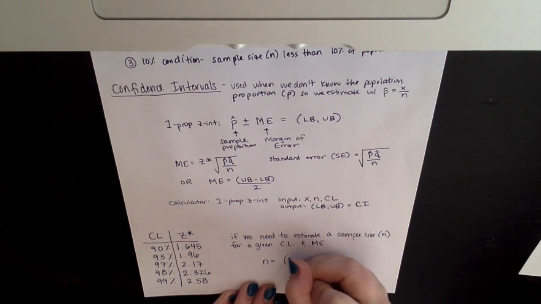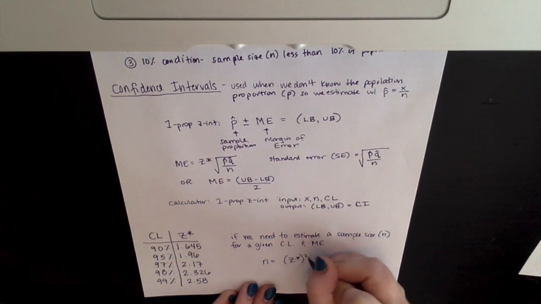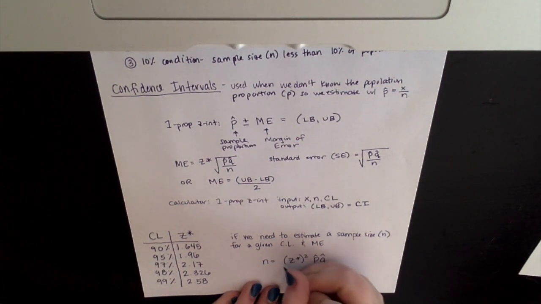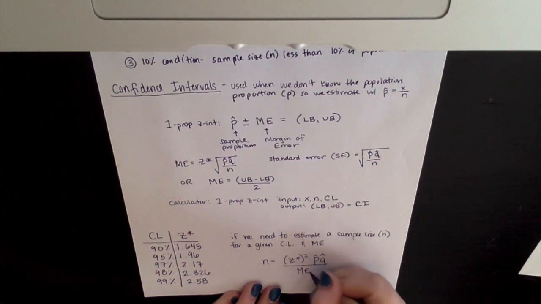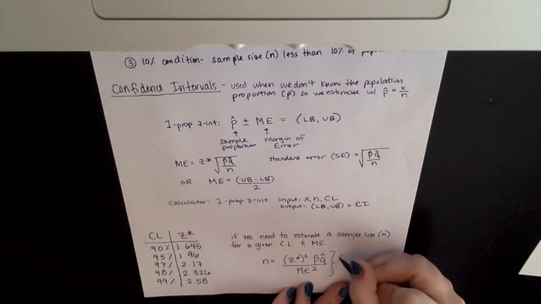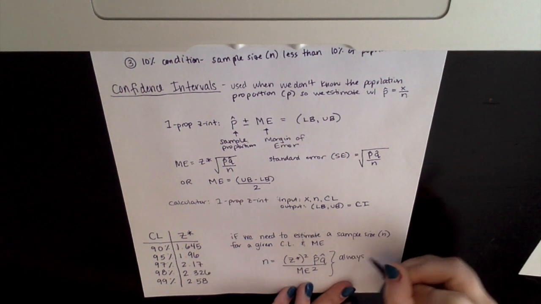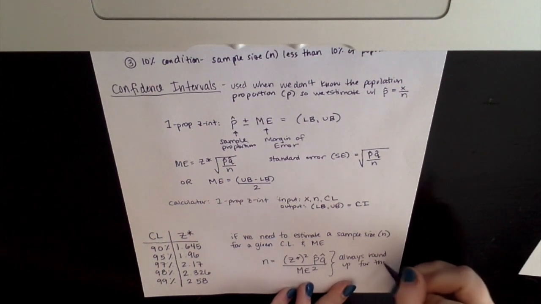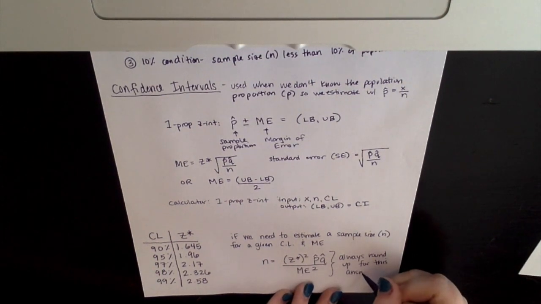N equals z star squared times p hat times q hat all over the margin of error squared. And whenever we use this formula, we always round up for this answer.